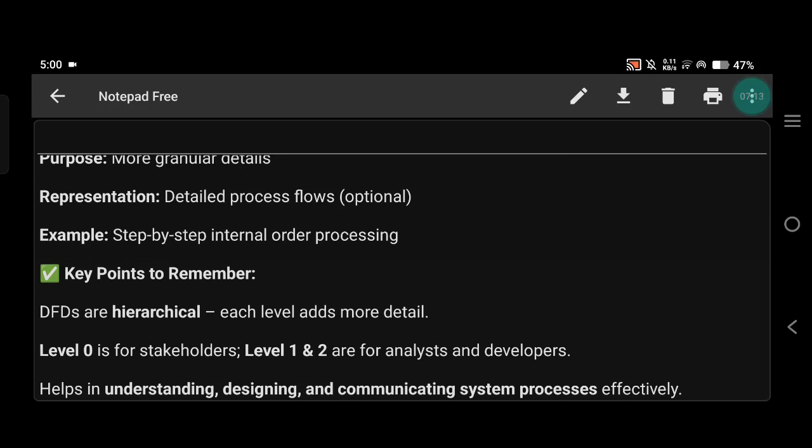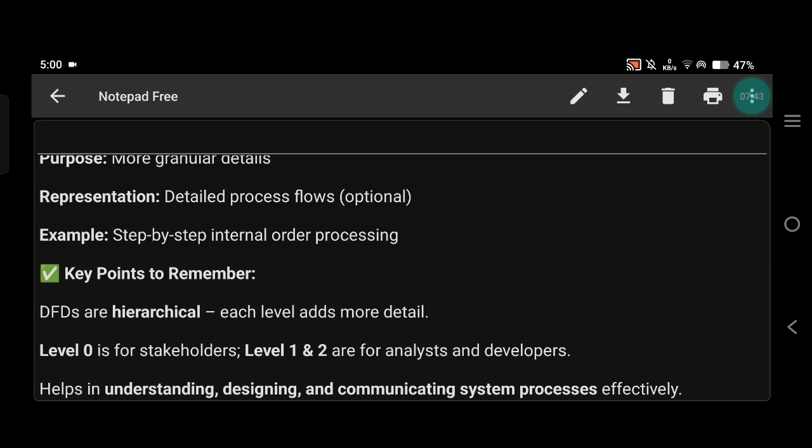Key points to remember: DFDs are hierarchical, each level adds more detail. Level 0 is for stakeholders, level 1 and 2 are for analysts and developers. It helps in understanding, designing and communicating system processes effectively. See, level 0 shows the whole system and its external interactions.